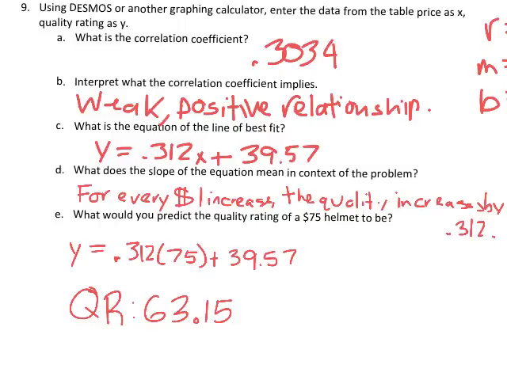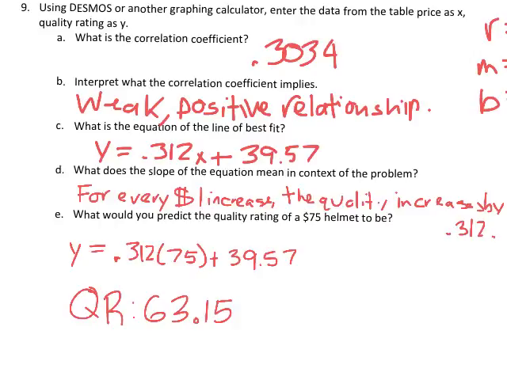Okay? So let's just recap really quick, okay? We have lots of information flowing around in our brains right now. We have correlation, right? So that R value that Desmos spits out allows us to tell if the relationship is positive or negative. It also allows us to tell if the relationship is strong or weak. That's what that correlation coefficient tells us. And then we also have a line of best fit. That line of best fit is the line that is supposed to accurately depict the scatter plot's relationship.